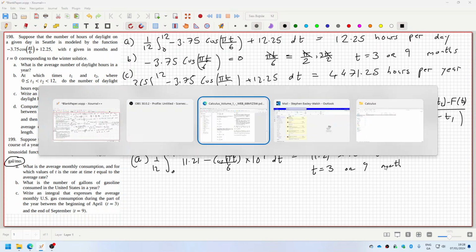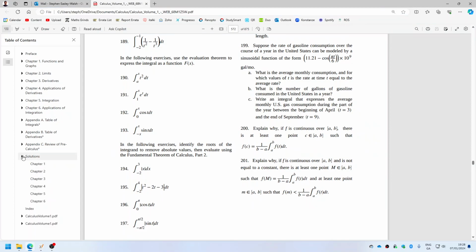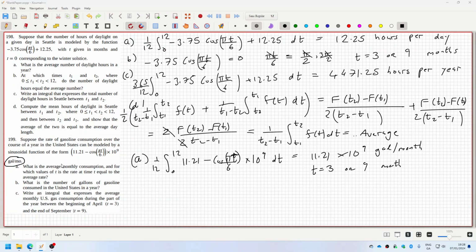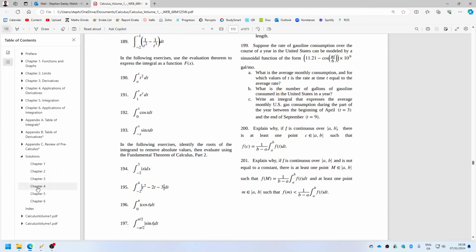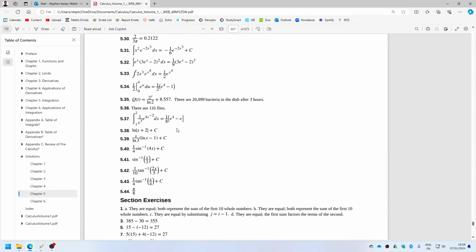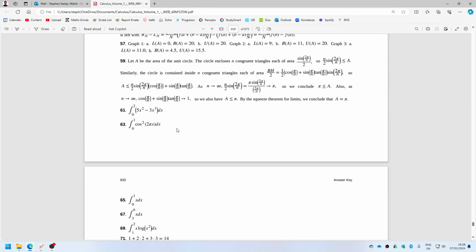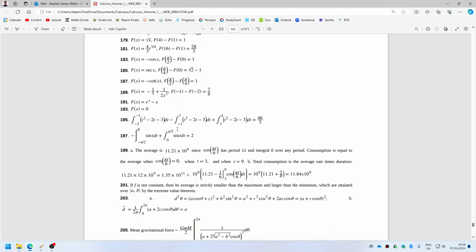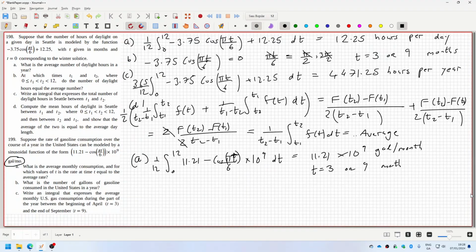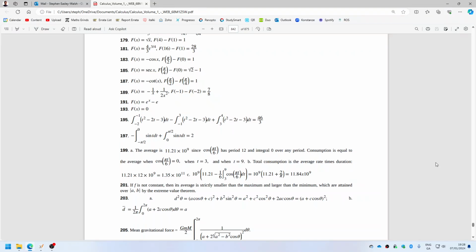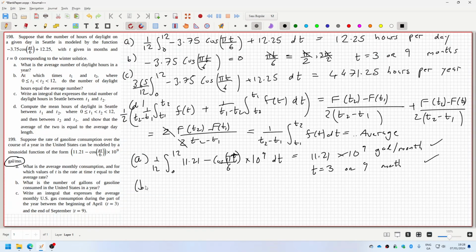Let's check the answer. See, 3 and 9, yep. Okay. Yep. Okay. What is the number of gallons of gasoline consumed in the United States in a year? It's again similar to the last one.